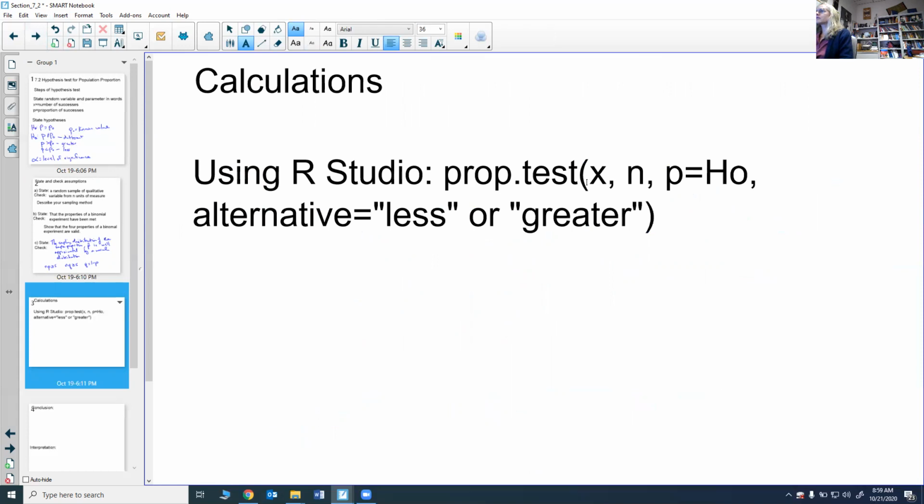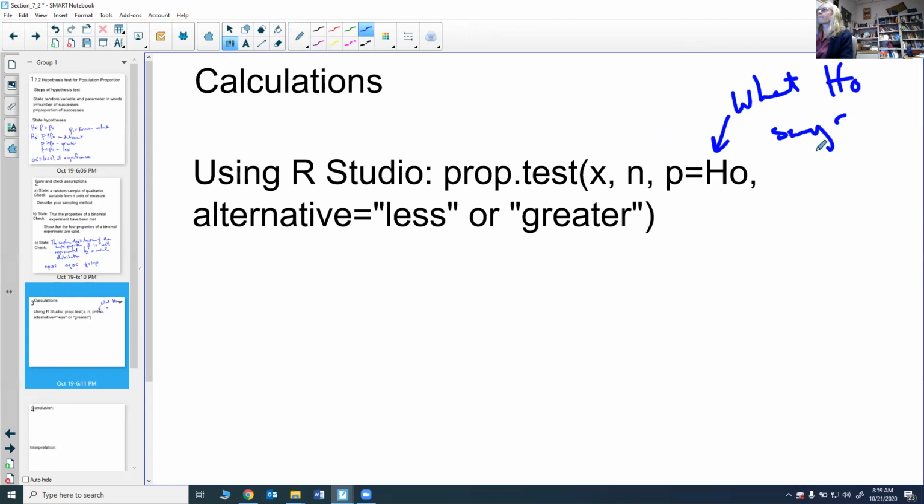Then you type in your X value, your N value, your P equal to P0, whatever H0 says your P is equal to. You wouldn't actually type in H0 there, you would type in what H0 says P is equal to.